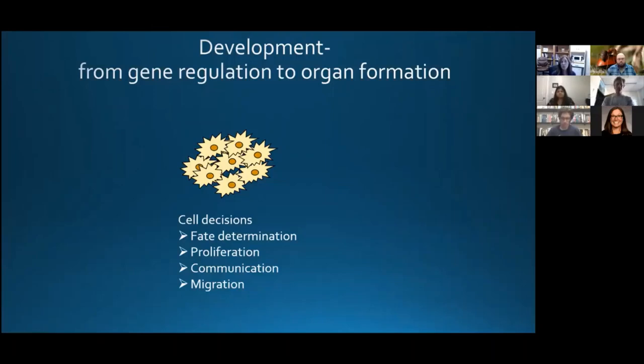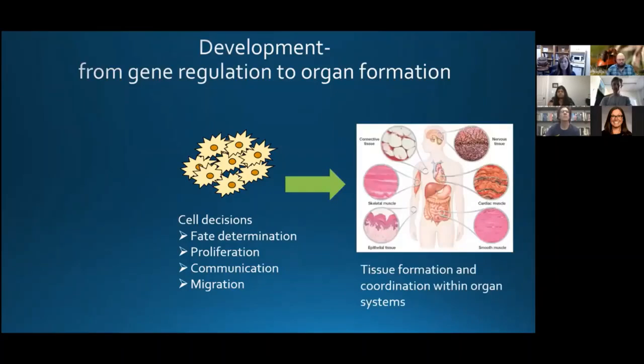Cells need to be able to communicate with each other so that in the end we have tissues and cells that are able to coordinate important processes within the body. And also during development, frequently cells have to leave one site within the embryo and actually move and migrate to another place within the embryo in order to set up shop. So all of these cell decisions are really important for ultimately forming tissues and coordinating within organ systems.